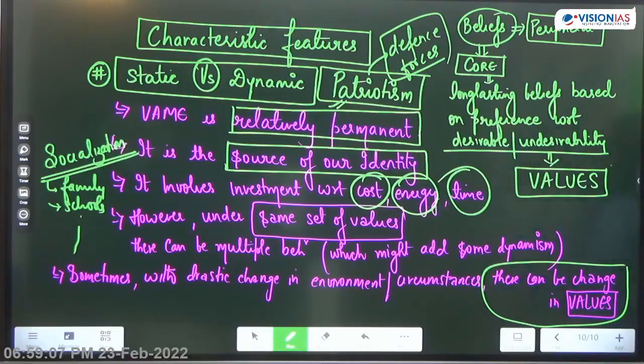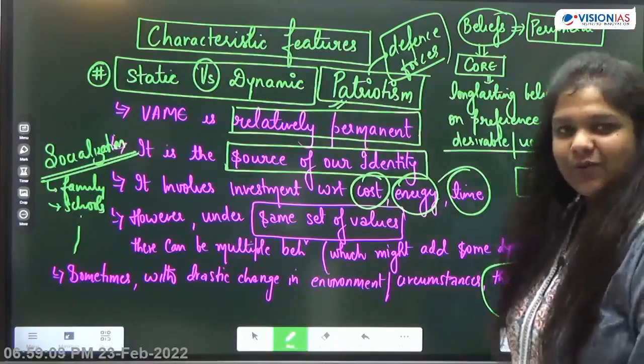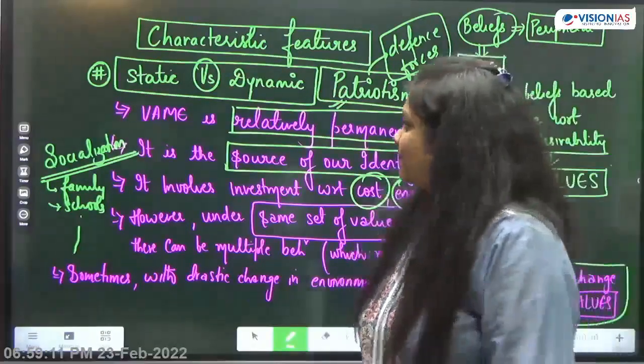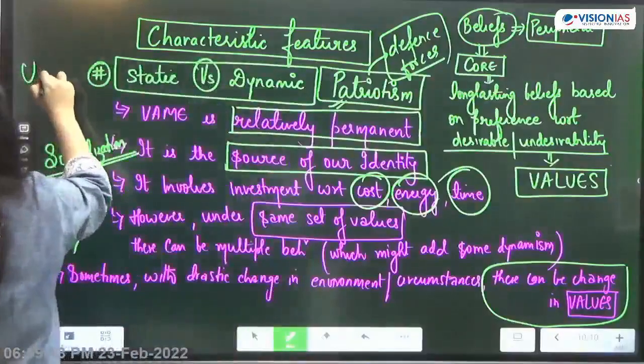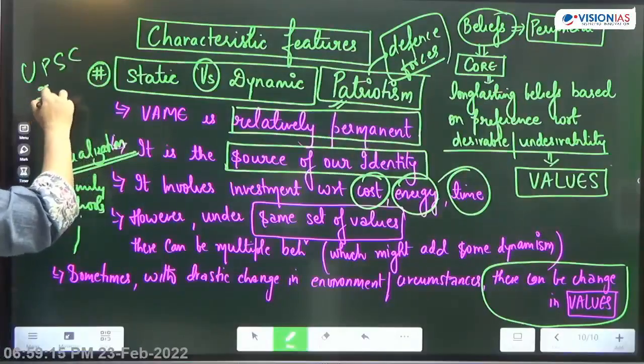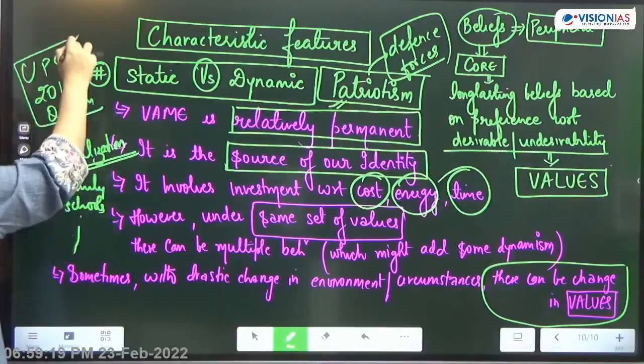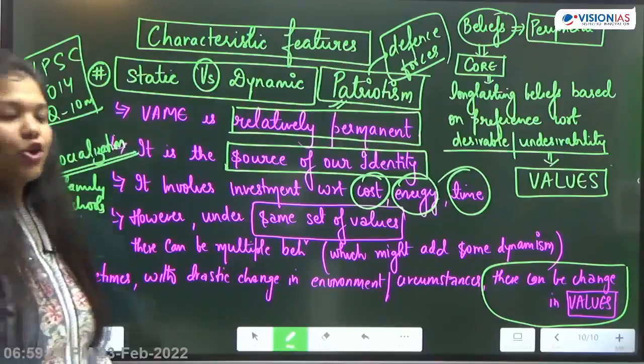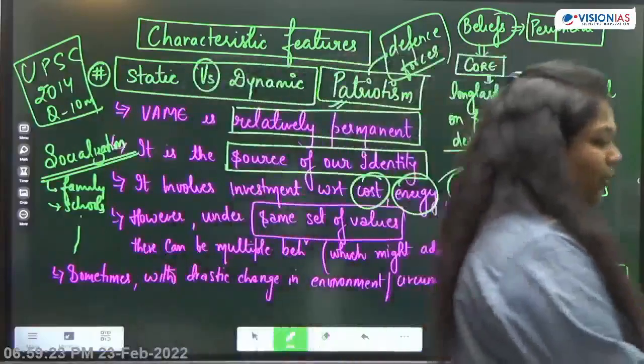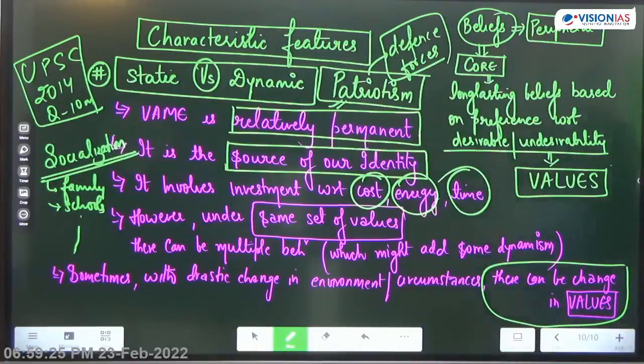Will everyone be able to write now? UPSC 2014 question, 10 marker. Bilkul Diksha, yes, absolutely.